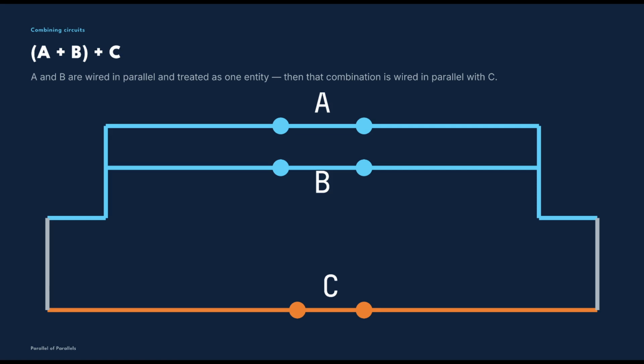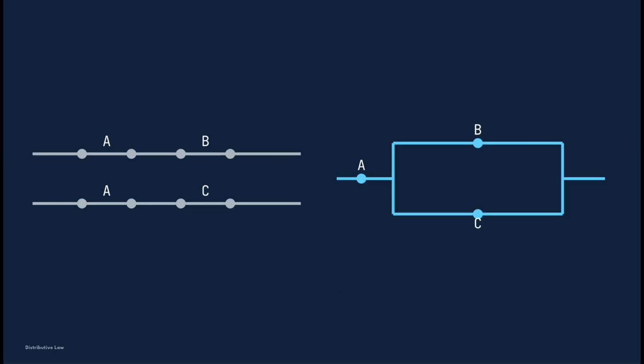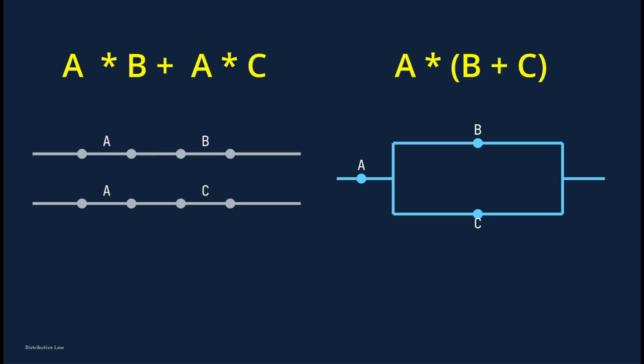Okay, then moving on to the next diagram. Here we see an application of how the distributive law of multiplication can help us simplify a circuit. Here we have A times B plus A times C. Both terms contain A, so using the distributive law, we factor out A. The result is A times, in parentheses, B plus C. The original circuit used 2 separate A switches.